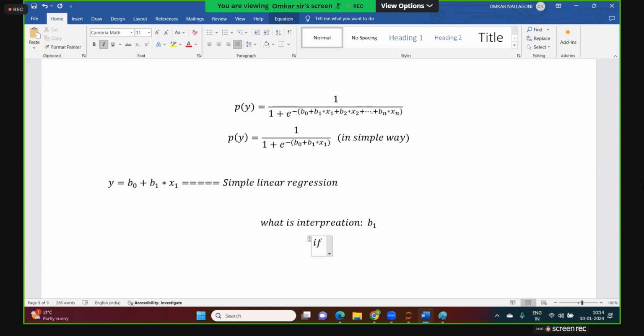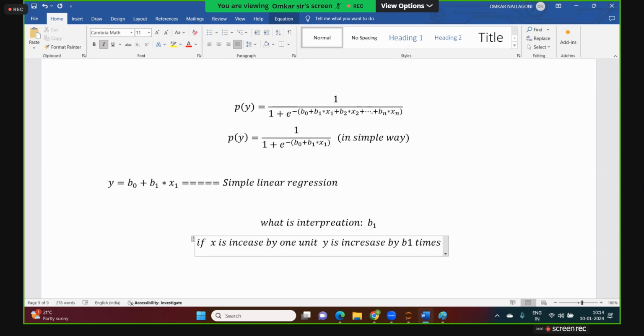If you increase x by 1 unit, y is increased by beta 1 times. That is the interpretation, correct?